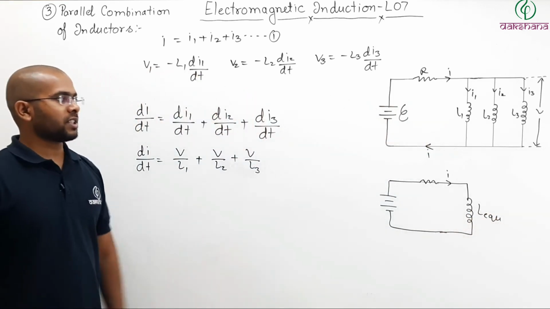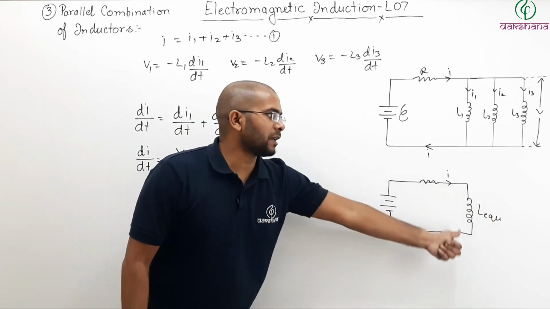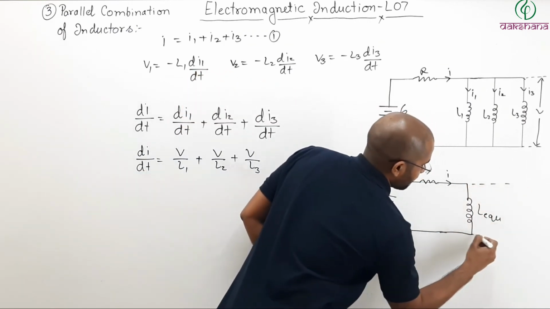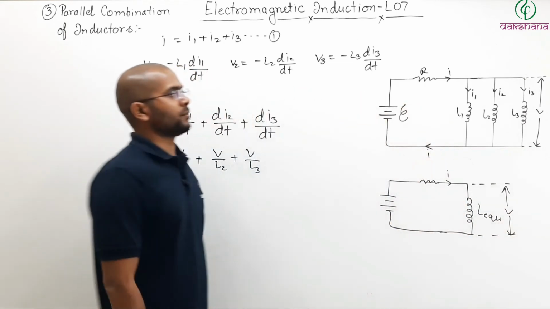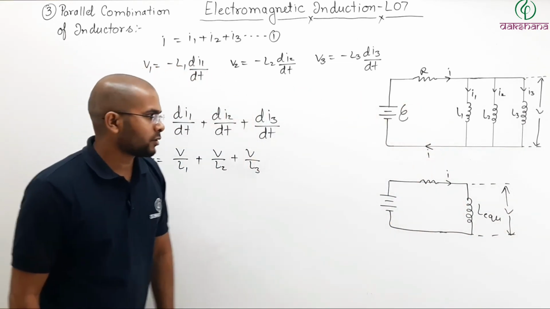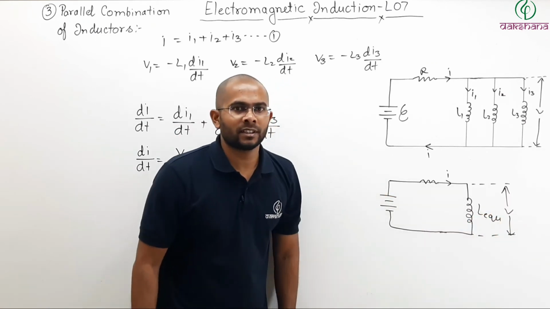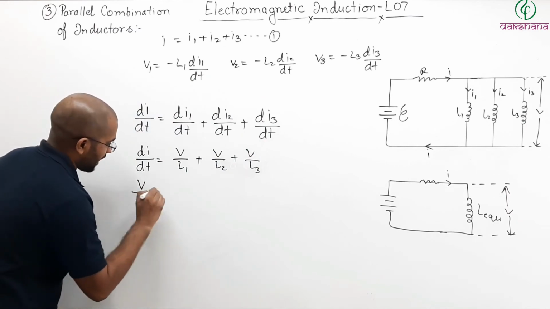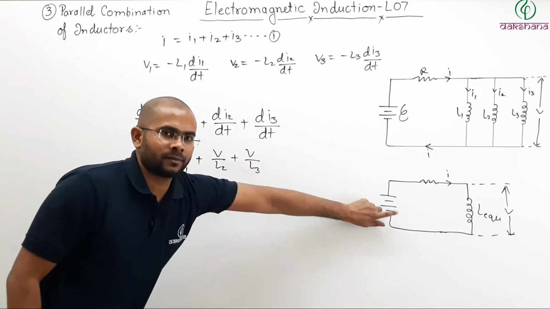So what should be the potential difference across this L equivalent? L equivalent di by dt, and the potential difference across this will remain the same because in the parallel combination the potential difference is the same. So here V is nothing but L equivalent di by dt. So di by dt may be written as V divided by L equivalent from that circuit.